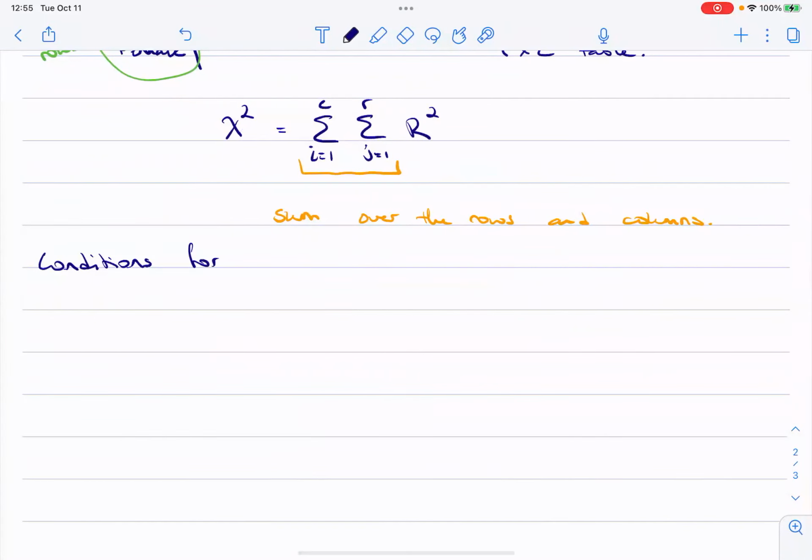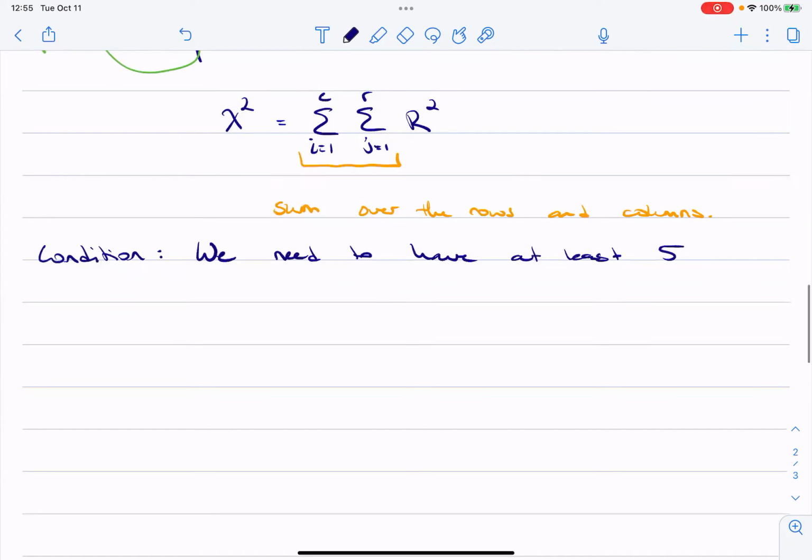So one condition for using this is that we need to have at least 5 observed successes, or observed, sorry, I just taught the binomial in Stat 230. That slipped out. Still kind of counts, but it's different.